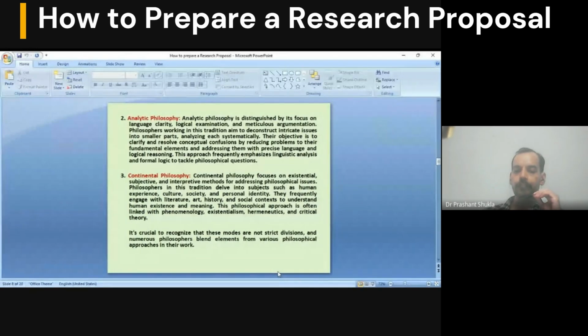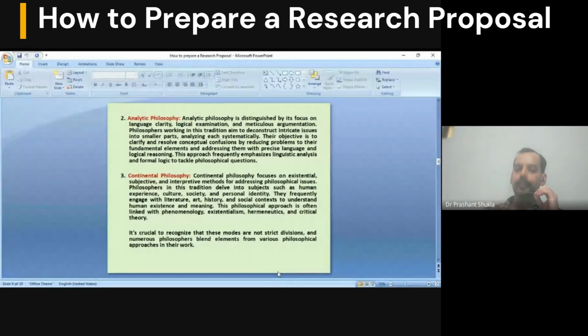In this tradition, philosophers delve into subjects such as human experience, culture, society, and personal identity. They frequently engage with literature, arts, aesthetics, history, even socio-political contours to understand human existence and the meaning of human understanding. If you talk about Indian philosophy, you can go to Buddhism.